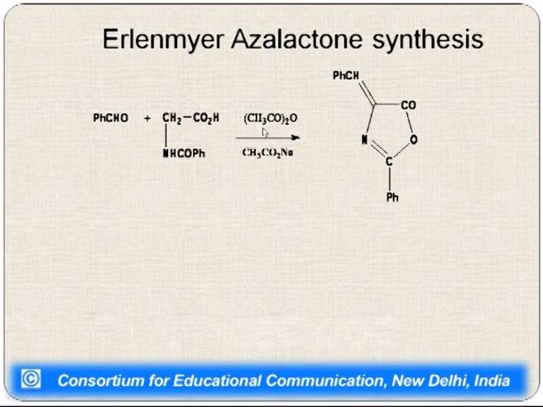We are using acetic anhydride, which acts as a dehydrating agent, so it is removing one water molecule: the H2 of this is gone, this oxygen is gone, and there is a double bond formation. As you would recall with the Knoevenagel condensation, or maybe a case of Claisen condensation, something of that sort is being formed.